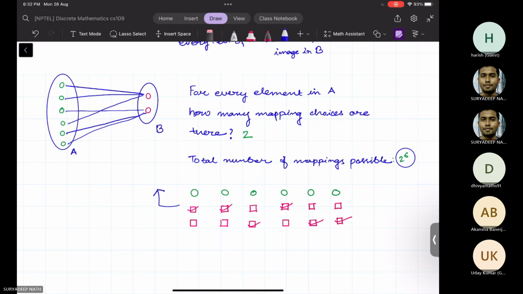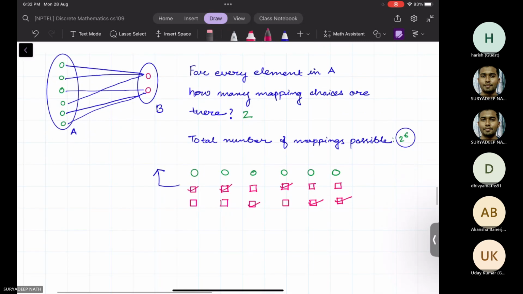So why did we do it from the domain side, and why didn't we do it from the codomain or the range side? It would have appeared like this: every element in the range set or the codomain set has six choices.